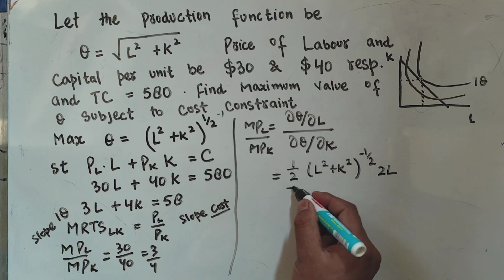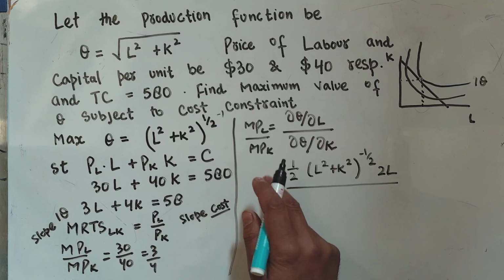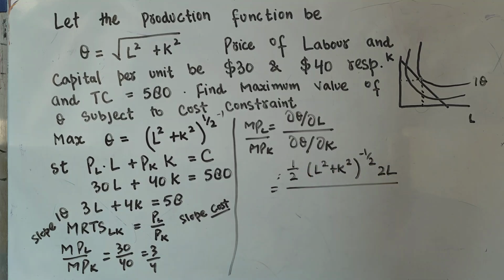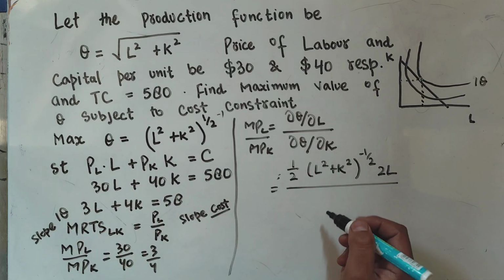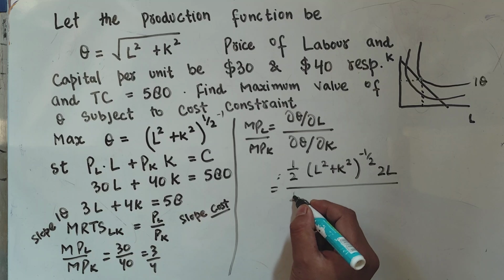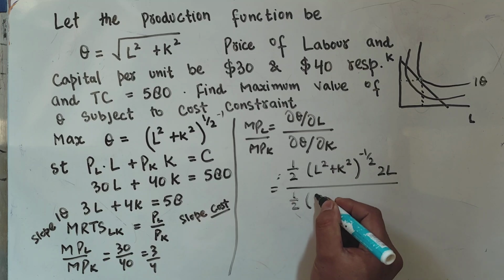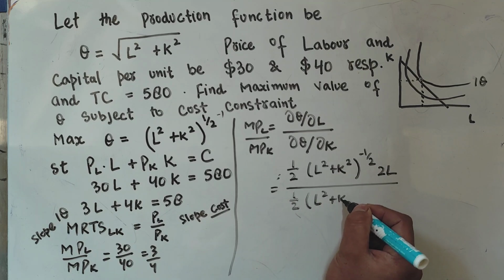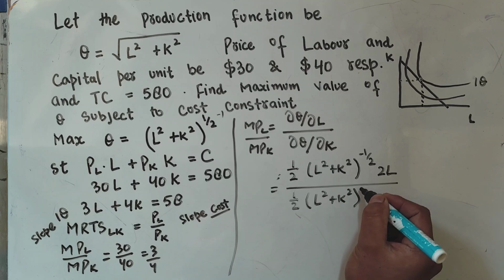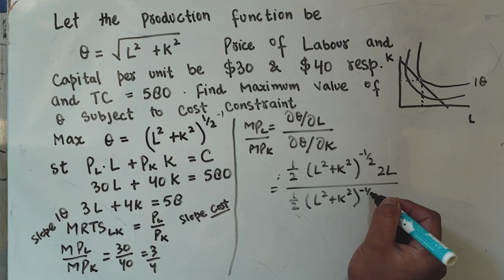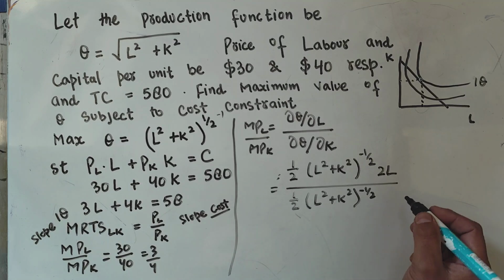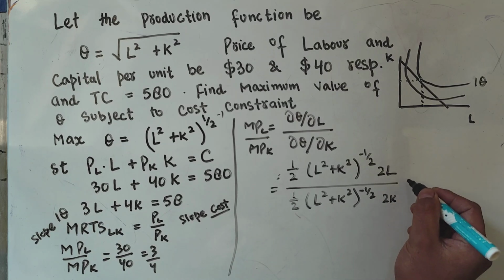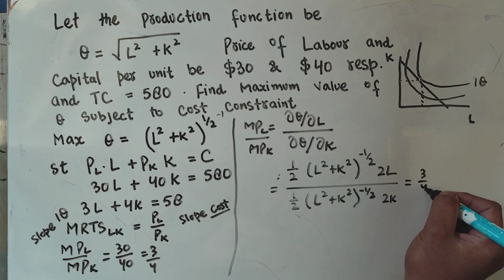Okay, likewise MPK will be the partial derivative of this function with respect to K. Again, using the power function rule, the exponent becomes the coefficient, we have L square plus K square, and the exponent is reduced by 1, so we get negative 1 upon 2 times the derivative of K square, which is 2K. The ratio should be equal to 3 upon 4.